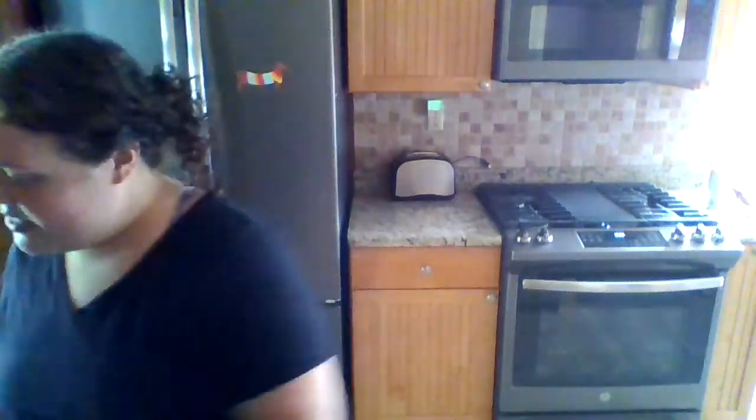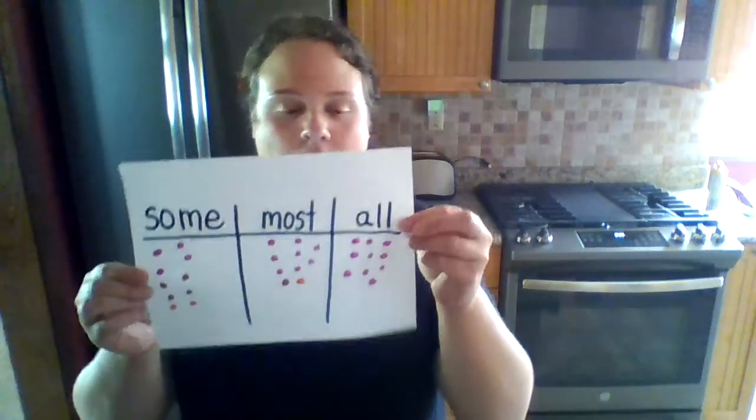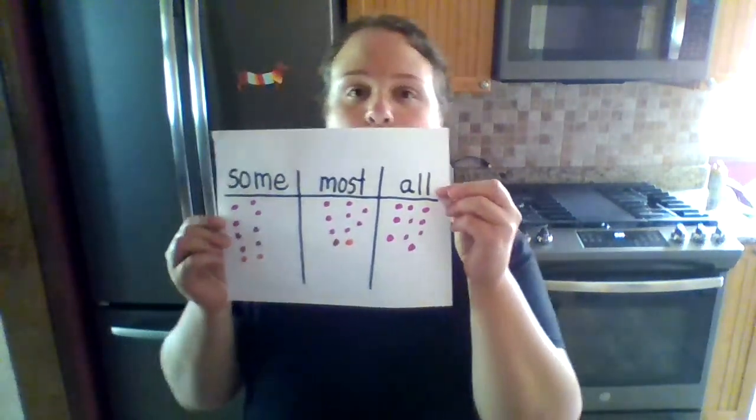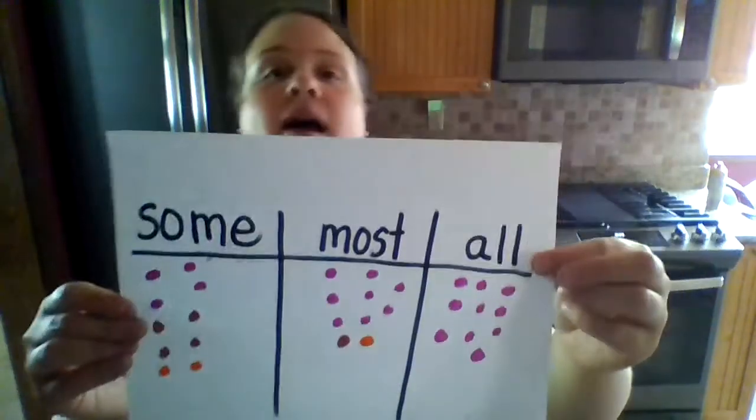All right. Now let's look at 3 that I really like: some, most, and all. I drew a picture for you so you can see what I mean. I know it's kind of hard to tell, but there are pink dots, brown dots, and orange dots.